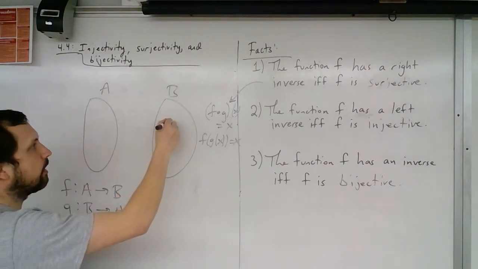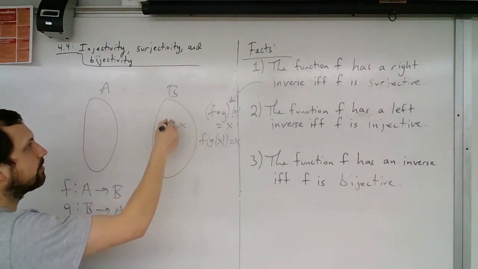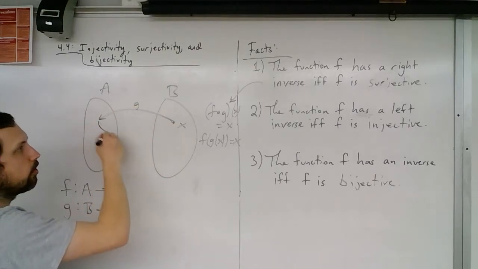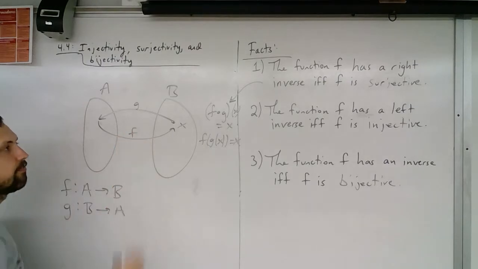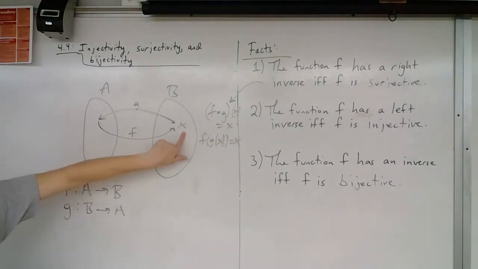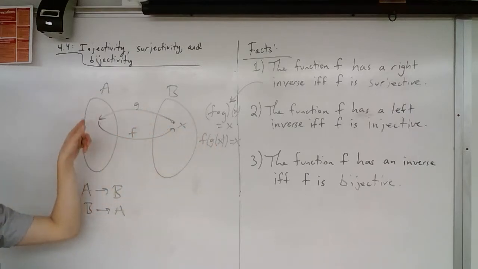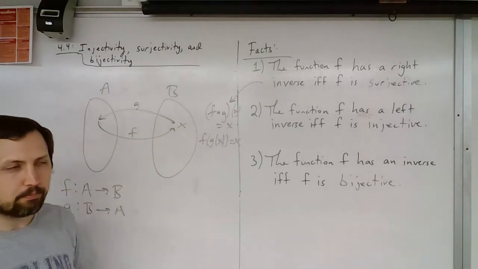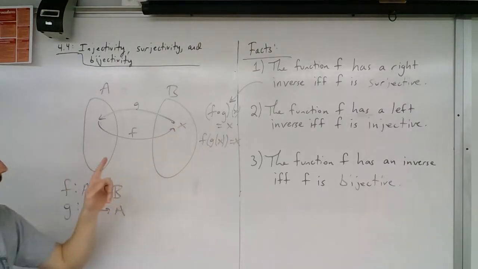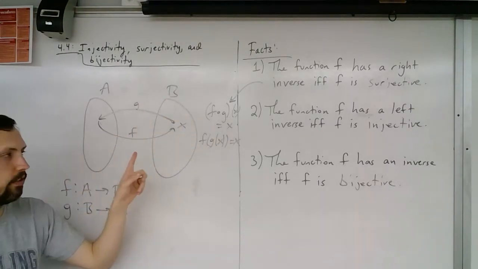I'm going to take something over here, let's say this x, and go this way first with g, and then I'm going to go back with f. This is my composition. I take x, I look to see what g of x is, and then I go back with f. So how is this a well-defined function?